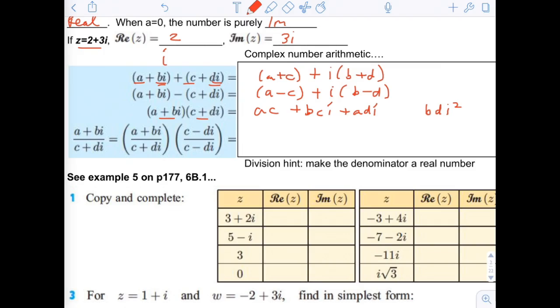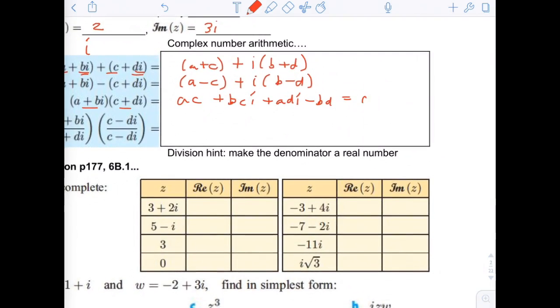Let's rewrite bdi squared. i squared is negative 1, so it's minus bd. Then we can combine like terms in the middle. So we'll put ac plus bci plus adi minus bd. So we could put ac minus bd first.